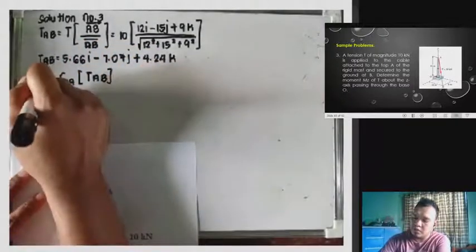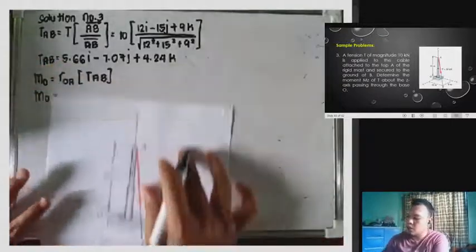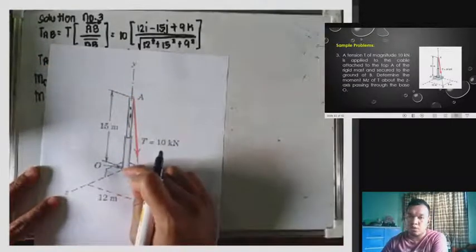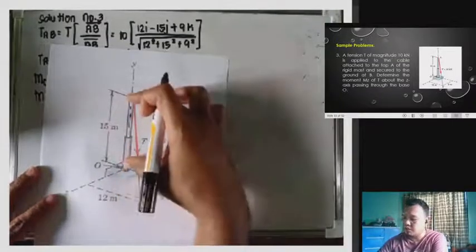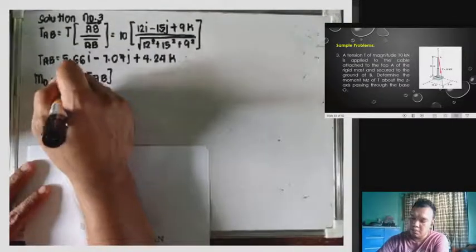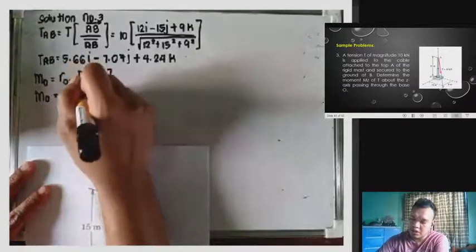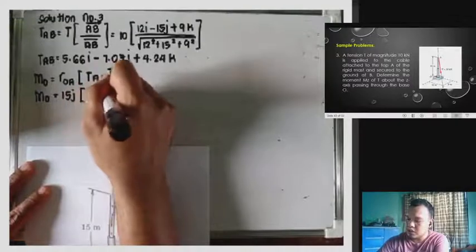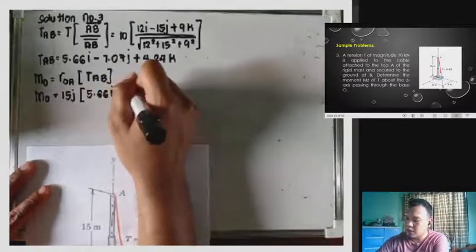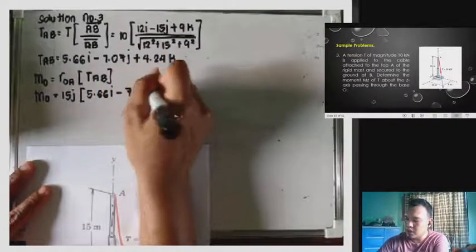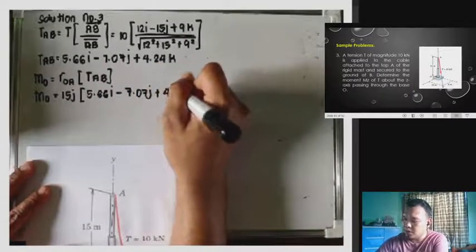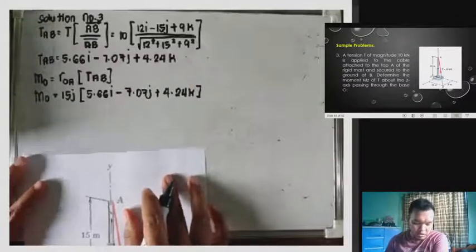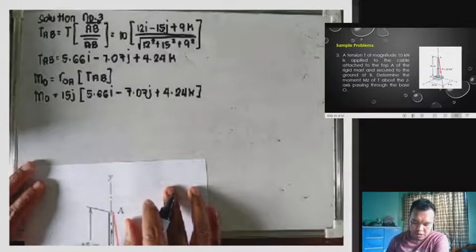Okay, so we have here MO and ROA natin ito. So, malamang OA. So, 15 lang po yung ano natin. So, ito ay 15J. So, we have here 15J multiplied by TAB, which is 5.66I minus 7.07J plus 4.24K. Okay. Therefore, makakakuha tayo ng moment which is equivalent kay.